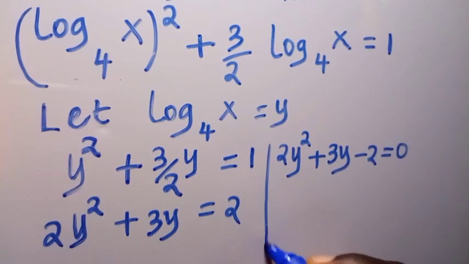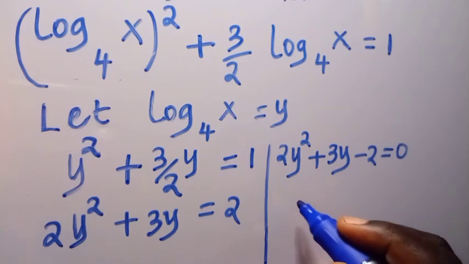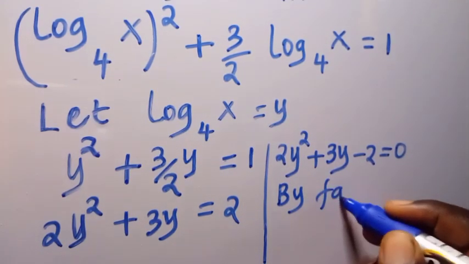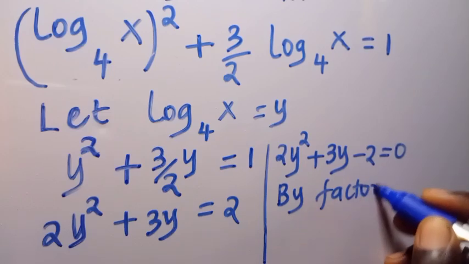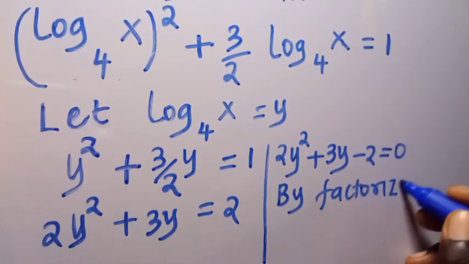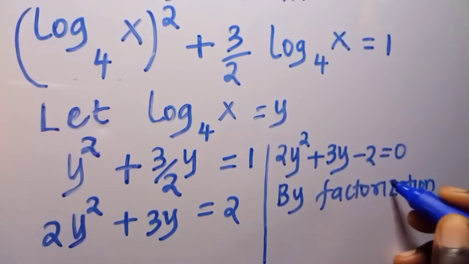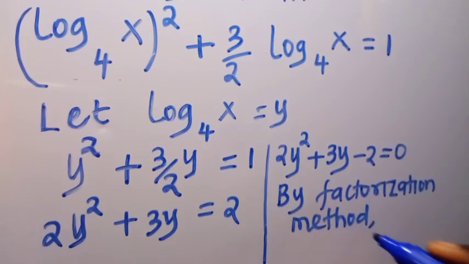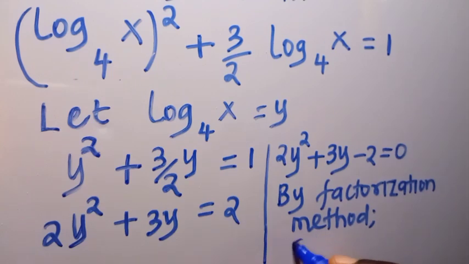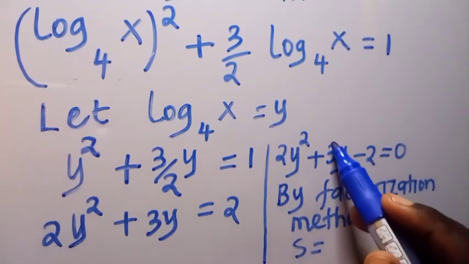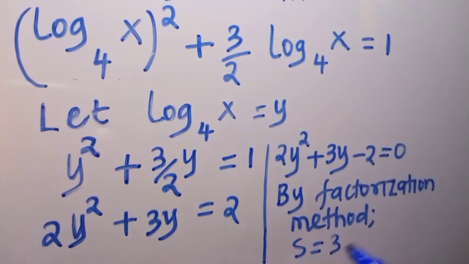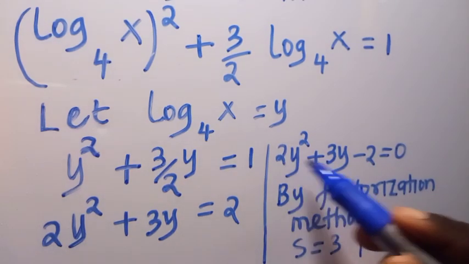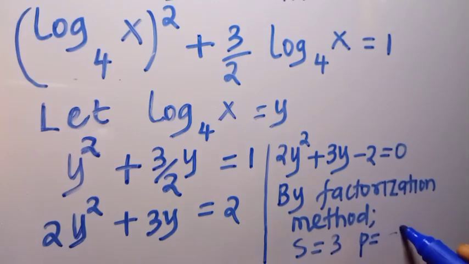If we use the factorization method, the sum will be 3, and the product will be 2 times negative 2, which is negative 4.